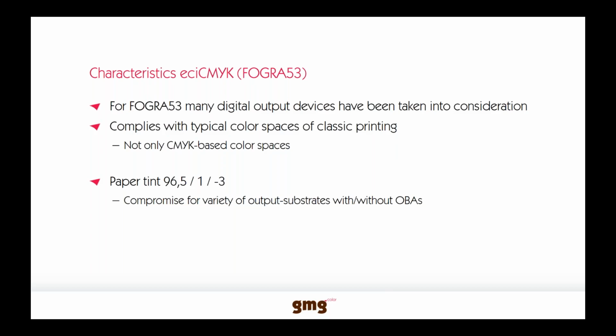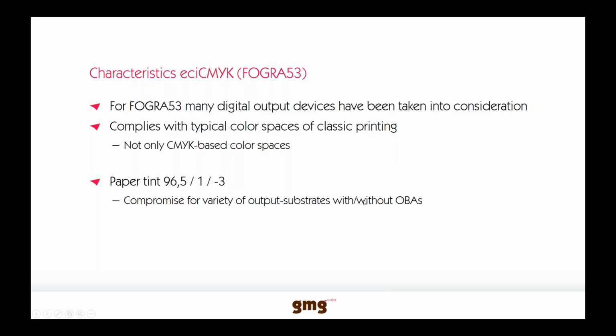And now let's talk about the paper tint. You already see the paper tint, it has an L value of 96.5, the A value is 1, and a B value of -3. So especially the B value is interesting, since the more negative the B value, the more bluish the paper, the more OBAs are assumed to be on the paper.